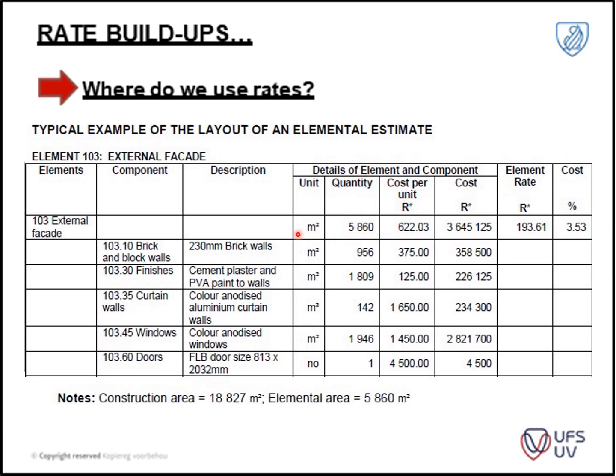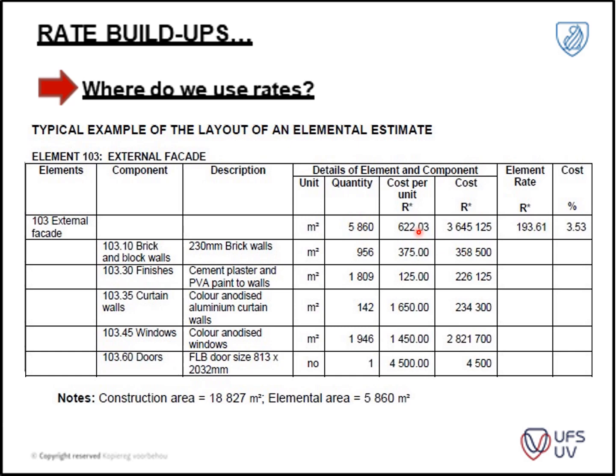Something also to note here is your quantity to get to your element or component. The calculation that we've got here is the element that you use for your brickwork. You want to get to a point where, if you only do your estimate up to the evaluations section, you will use these rates that you've built up to do that type of estimation.